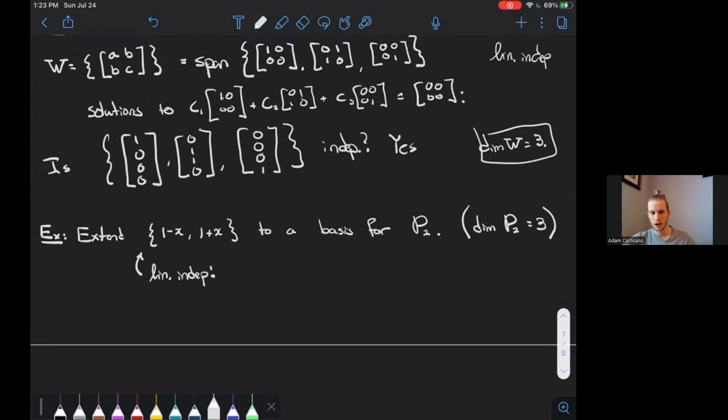So we just need to find another polynomial of degree 2 or less, such that any polynomial of degree 2 or less can be written as a linear combination of these guys. Now, we just need something that's not linearly dependent on the first two.